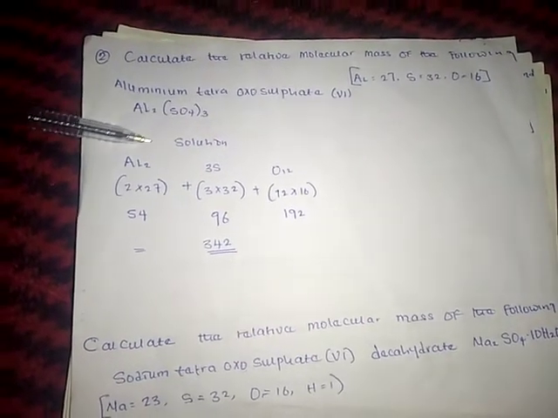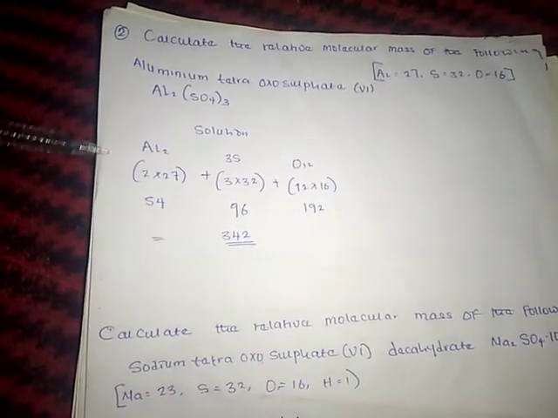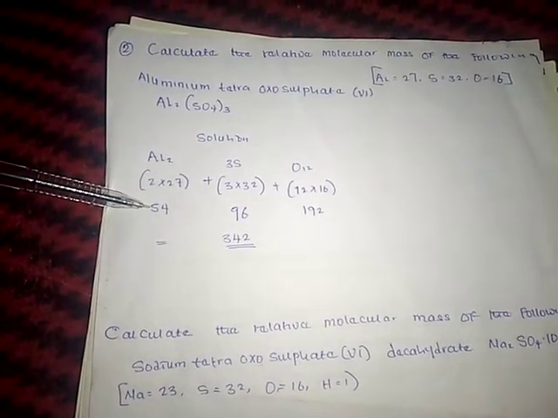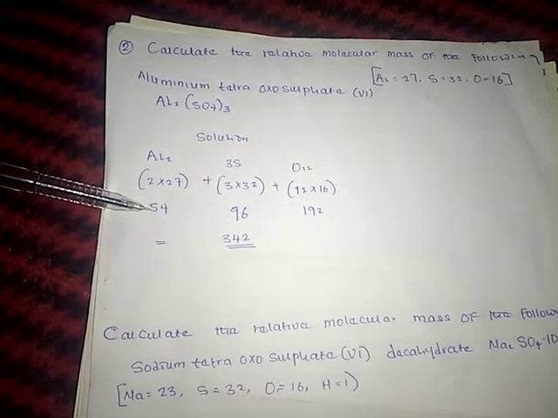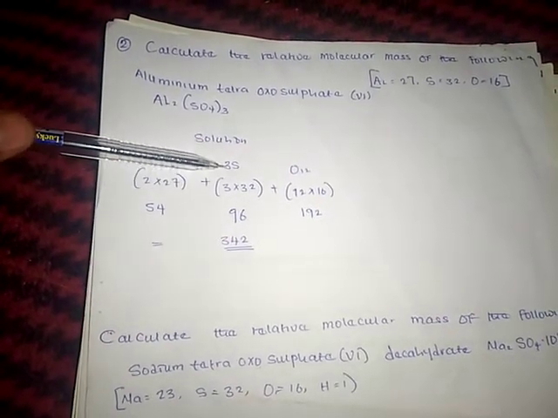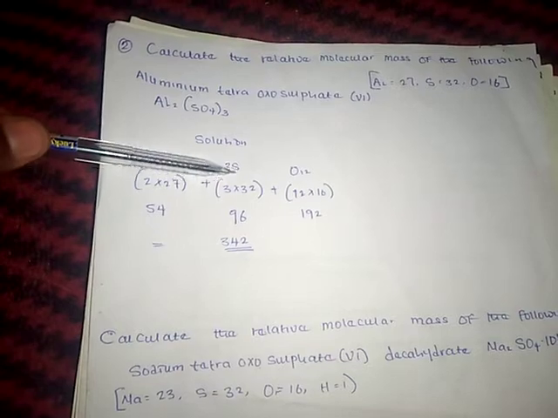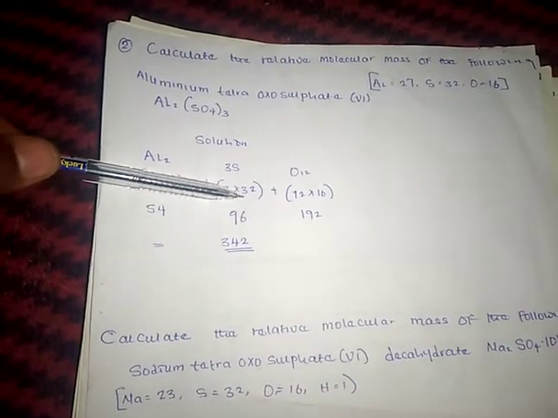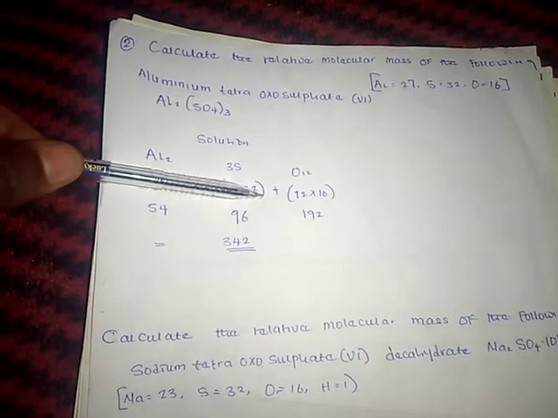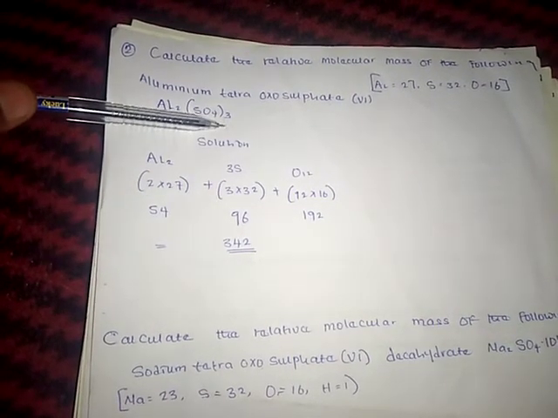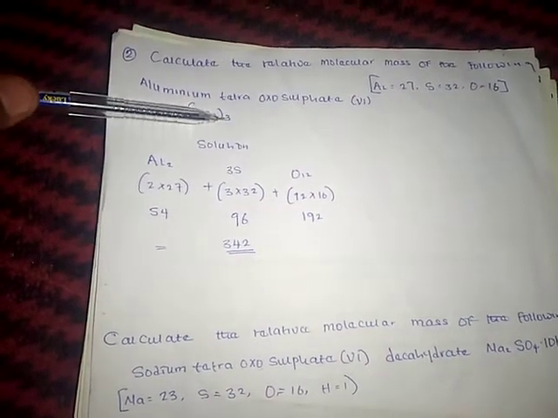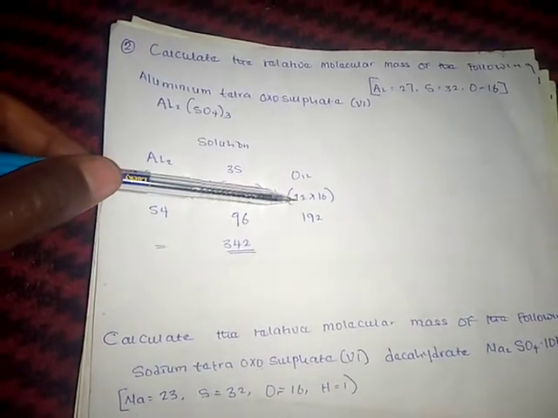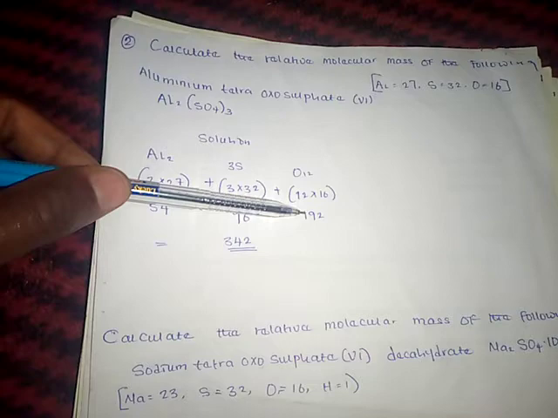So to balance this, aluminum, 2 times 27, is equal to 54, plus sulfur, 3 times 32, is equal to 96. Then plus oxygen: 4 times 3 is equal to 12, that is 12 times 16, which is equal to 192.